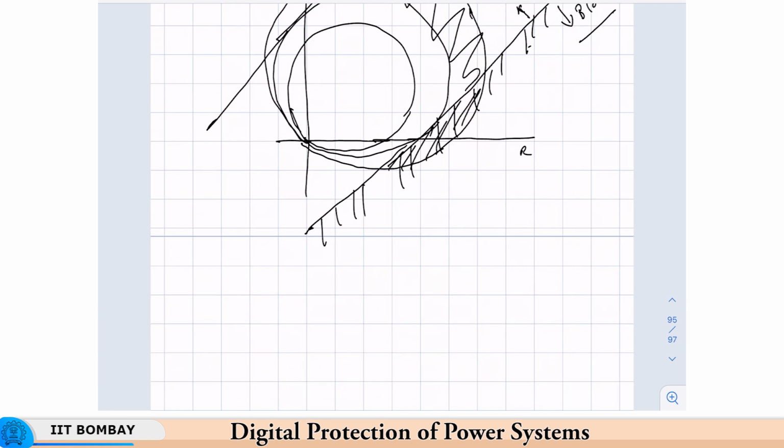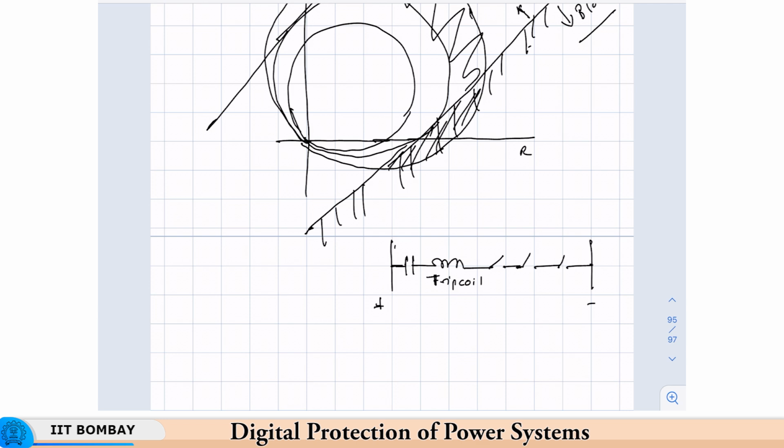If you see how this is done engineering-wise, you just have the contacts of the blinders in series with the trip coil. If this is your DC positive and negative, I am not drawing all the elements, and this is your breaker contact, this is your trip coil, and then you have the relay contact here, and the two blinder contacts in series.